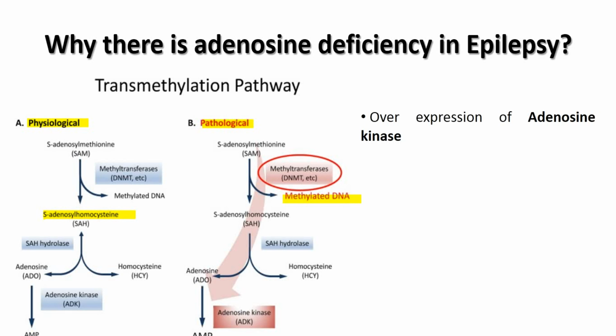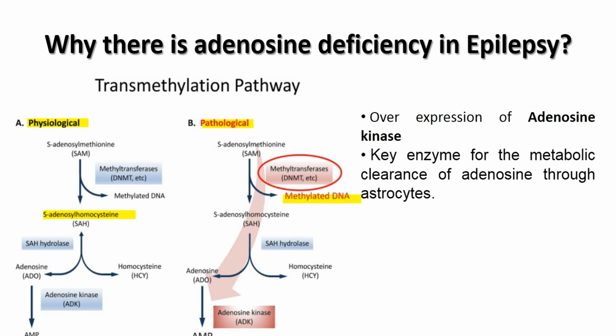Adenosine kinase is overexpressed. This adenosine kinase is also the key enzyme responsible for clearance of adenosine from astrocytes. It implies that the more adenosine kinase, the more clearance of adenosine. And it is a metabolic clearance of adenosine.